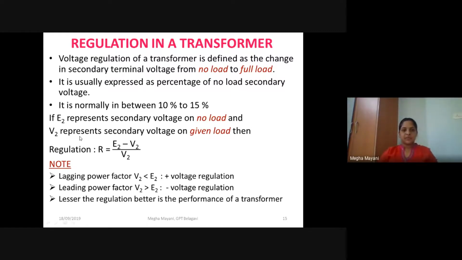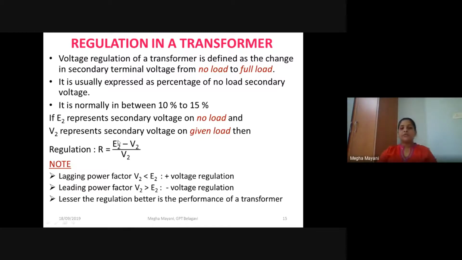Now, to write the expression for regulation in a transformer, if E2 represents the secondary voltage with no load condition, and V2 represents the secondary voltage with some load, then regulation R can be written as (E2 minus V2) upon V2. This is the expression we can use to find the voltage regulation present in the transformer. So the value of R should be as small as possible to get better performance of the transformer.